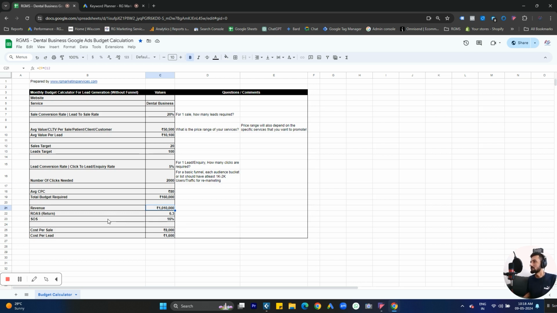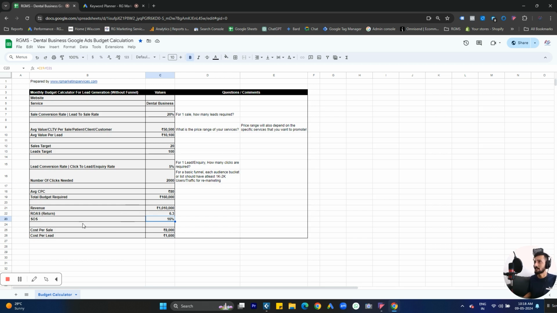SOS is spend on sales percentage. So what is the total cost in percentage that we are seeing here? It is somewhere around 15 to 16% cost that we are seeing to achieve the target of 20 orders with the average order value of 50,000. So this is the overall calculation of the returns and how much budget we would need.